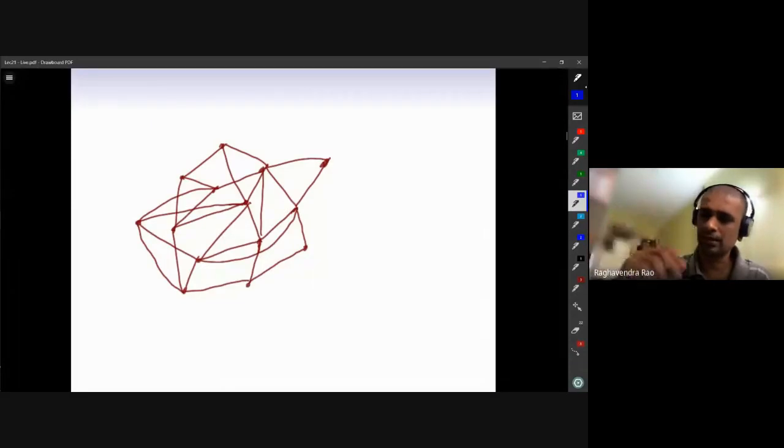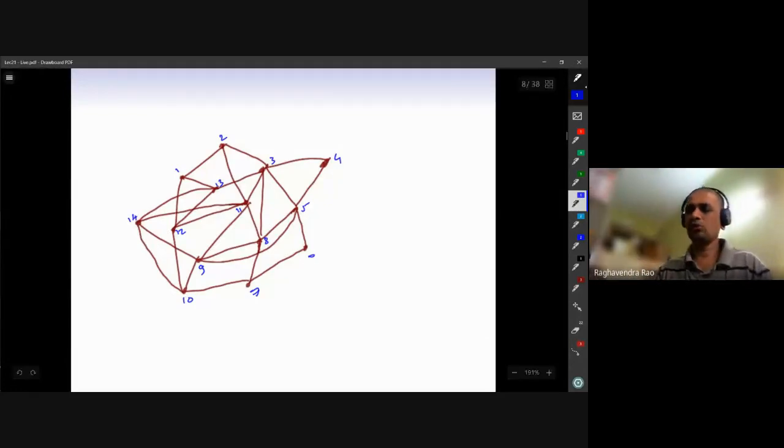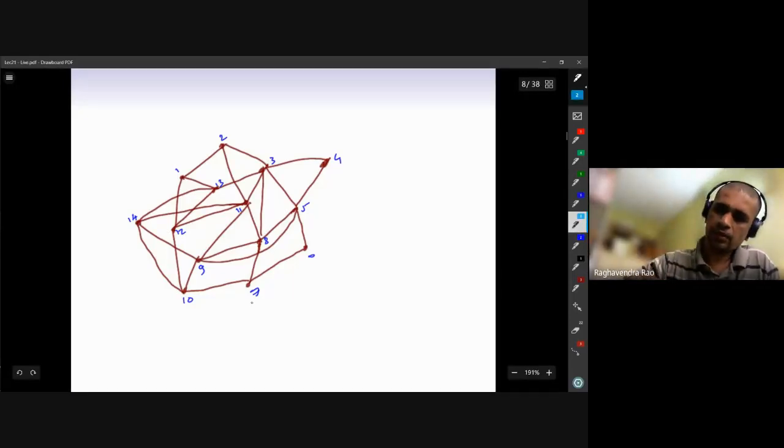Unfortunately, I haven't labeled the vertices, so let me quickly label them: 2, 3, 4, 5, 6, 7, 8, 9, 10, 11, 12, 13, 14. So let's try to beat it. The idea is you want A and B such that any edge in B which is not present in A forms a cycle if you add it. So let's choose some A arbitrarily. Let's use a different color. I'm going to use this color to indicate A.